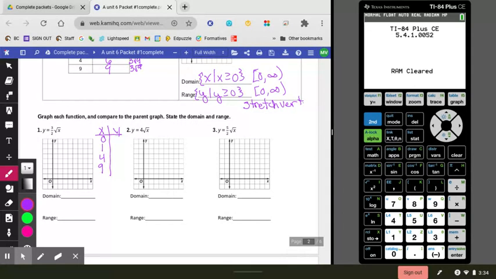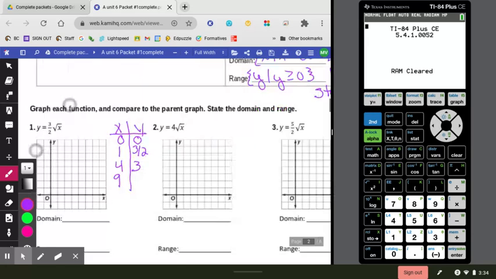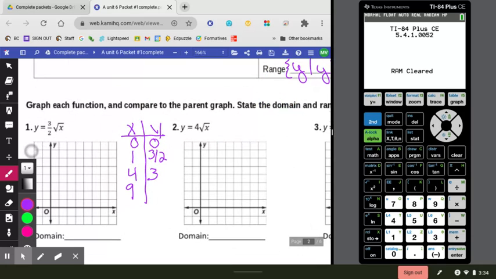Square root of 0, 0, times 3 halves is 0. Square root of 1 is 1, times 3 halves is 3 halves. Square root of 4 is 2, times 3 halves is 3. And the square root of 9 is 3, times 3 halves is 9 halves.